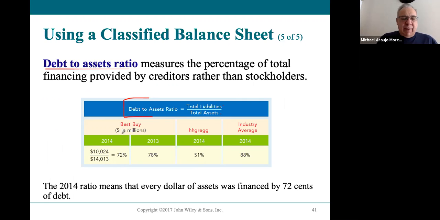Okay. So for Best Buy in 2014, when you look at this ratio, they have over 10 billion of total liabilities. They have over 14 billion in total assets.